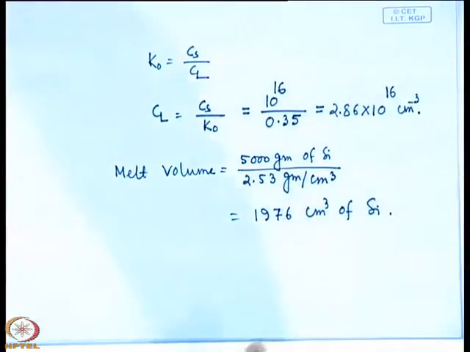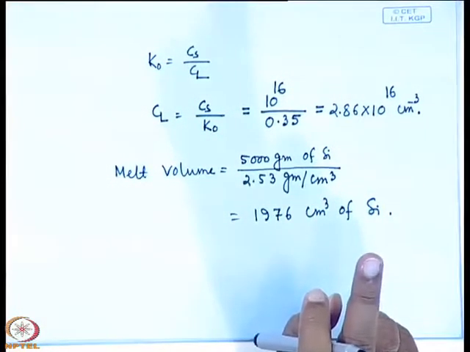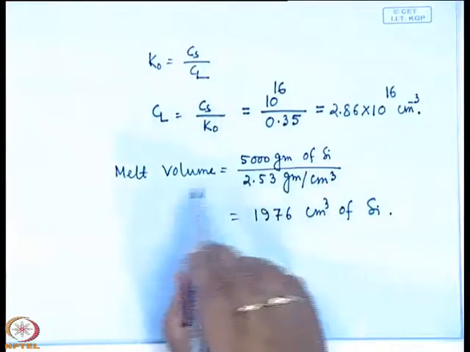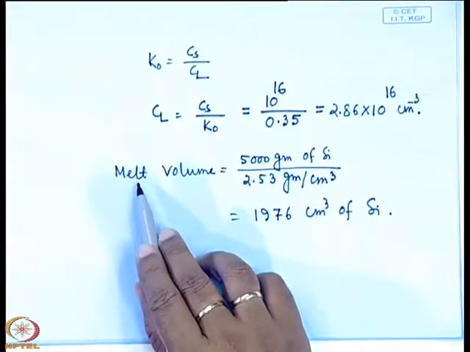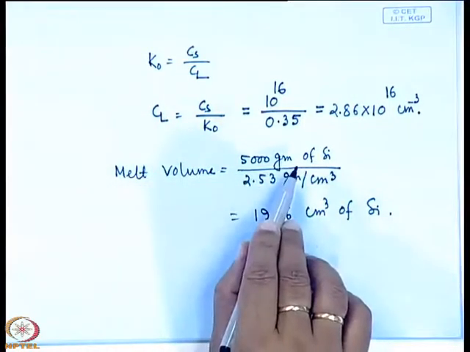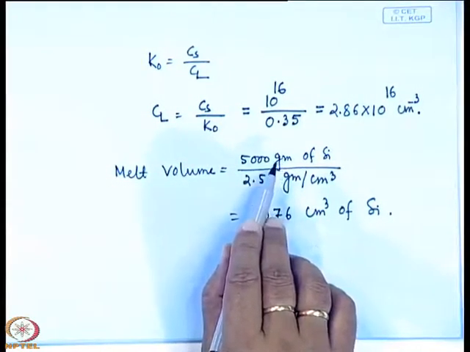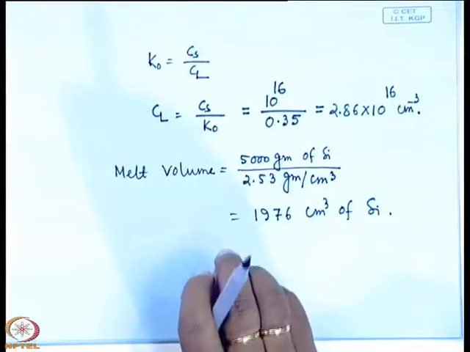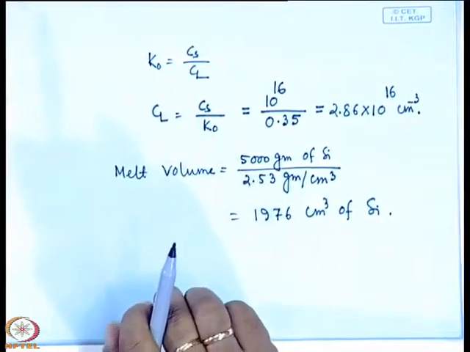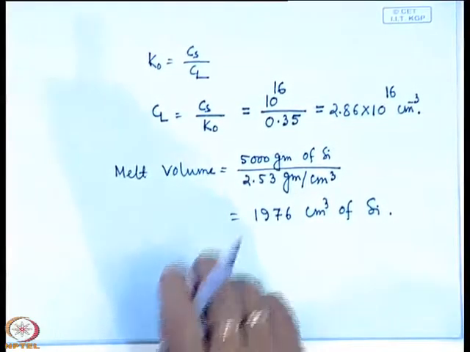Here one thing I must make clear, that I have considered the melt to consist of silicon only. Yes, what is there in the melt? Silicon plus phosphorus, but the amount of phosphorus is very less.